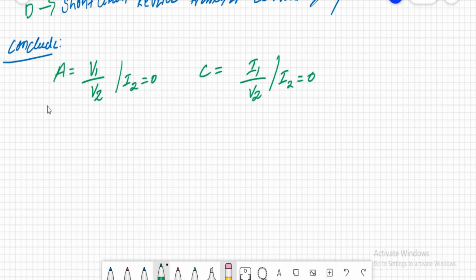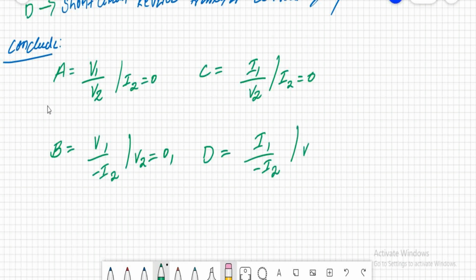Next, B is equal to V1 by minus I2 with V2 equal to 0, and D is equal to I1 by minus I2 with V2 equal to 0.